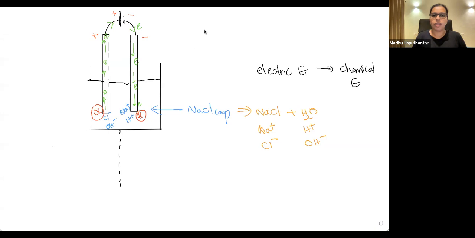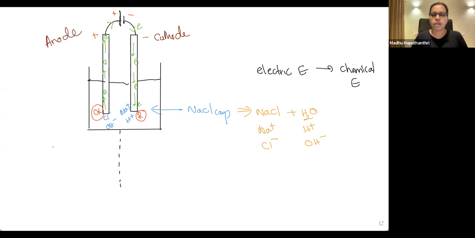Before that, I will tell you, reduction always happens at the cathode. Whether you are referring to a galvanic cell or an electrolytic cell, whatever the cell type, the cathode always has a reduction reaction and the anode always has an oxidation reaction.